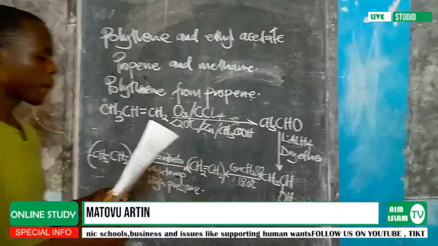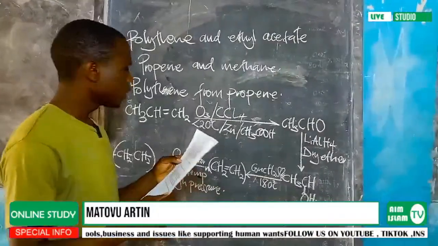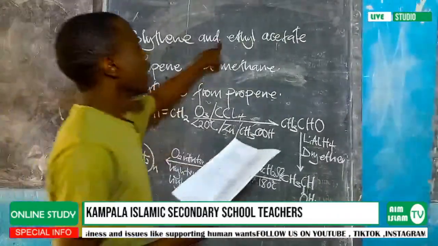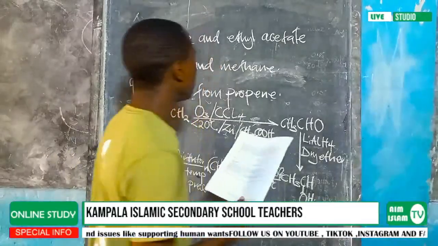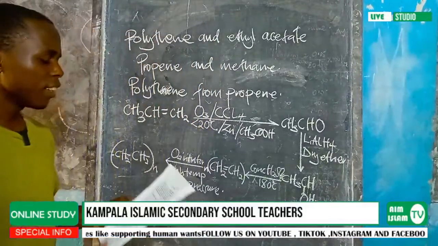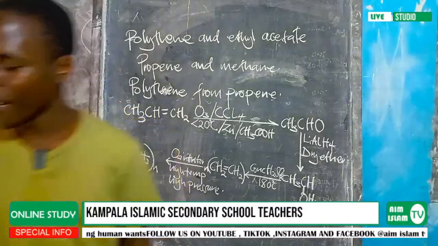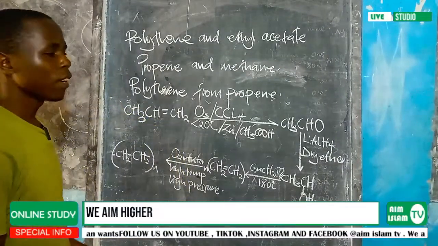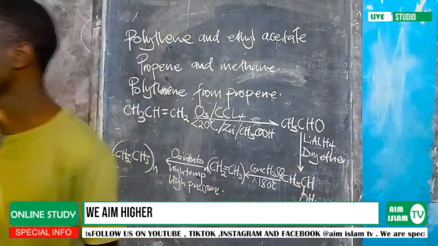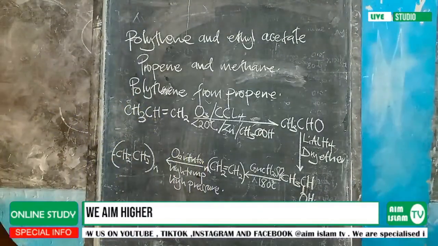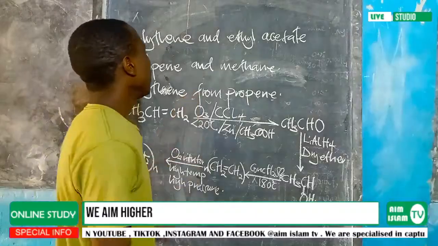Now, from this, they also told us that ethyl acetate can be obtained from methane. It seems not to be possible, but in other words, it is possible, and we can also obtain that ethyl acetate.